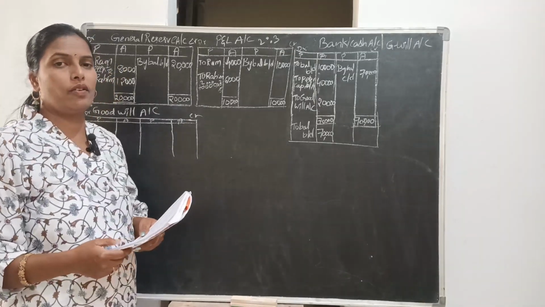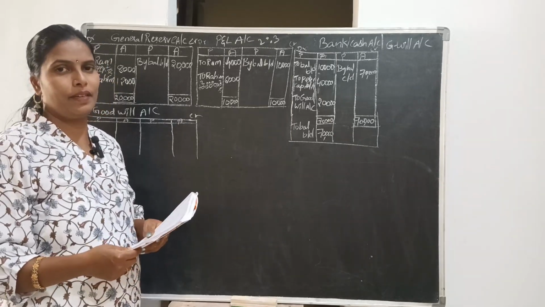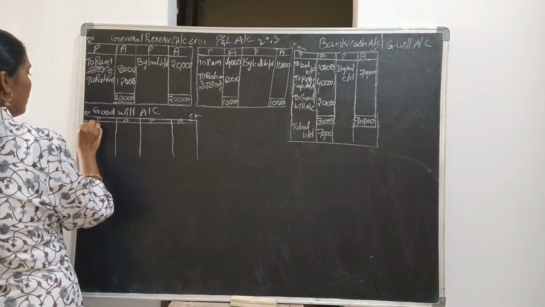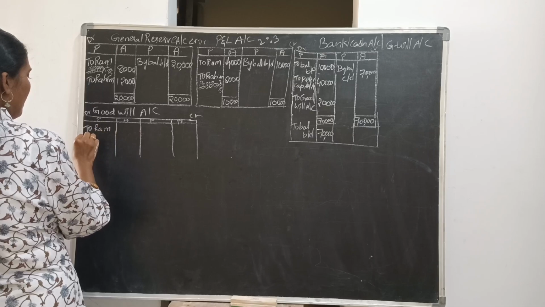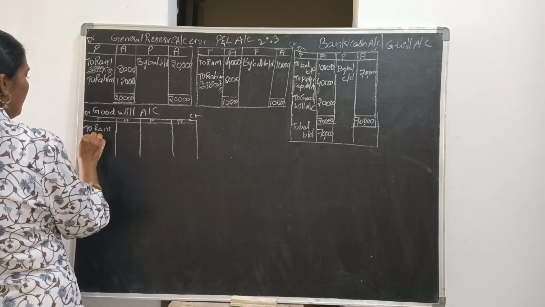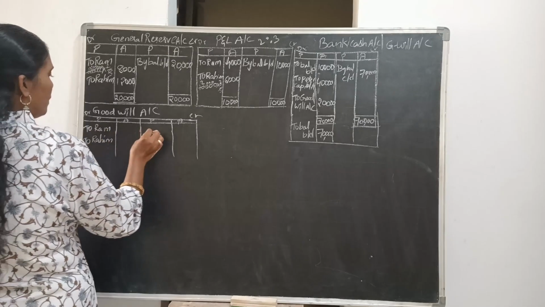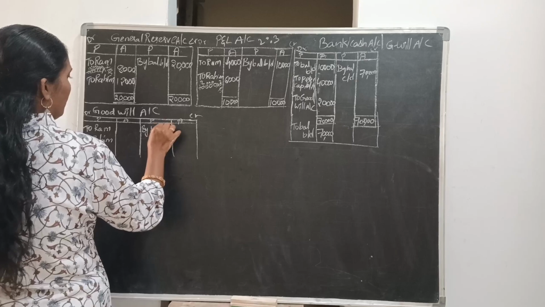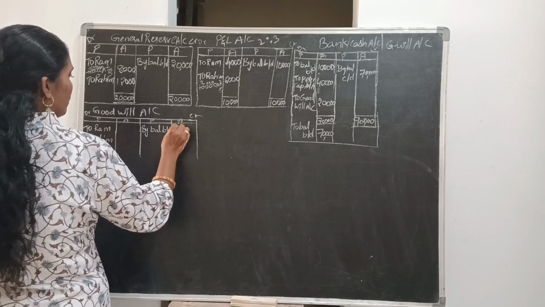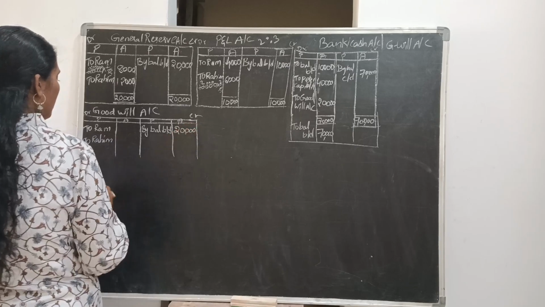Goodwill account debit to Ram's capital account and Rahim's capital account. We are distributing. Here by balance brought down, goodwill amount is 20,000.